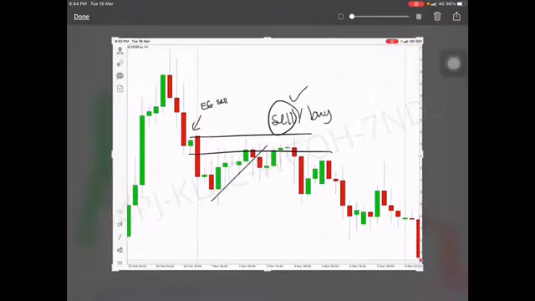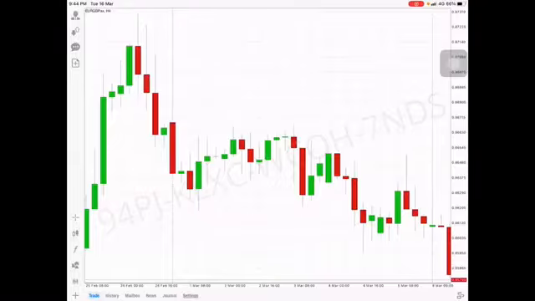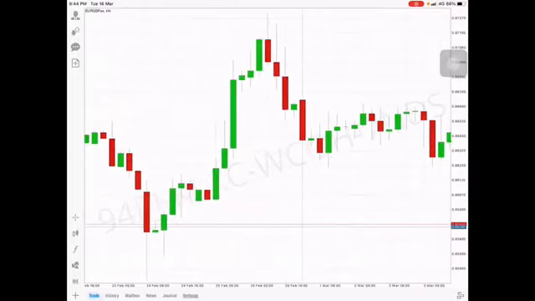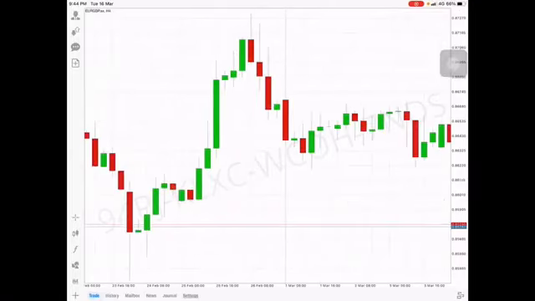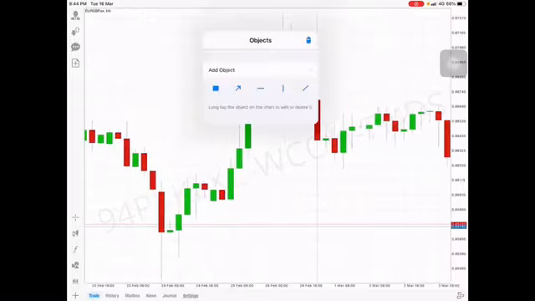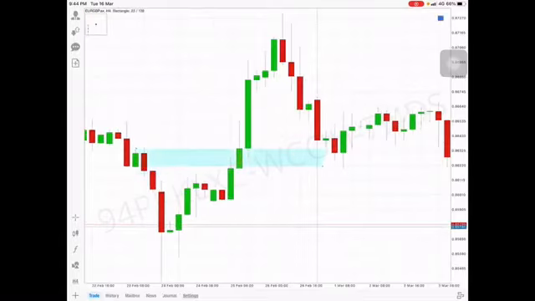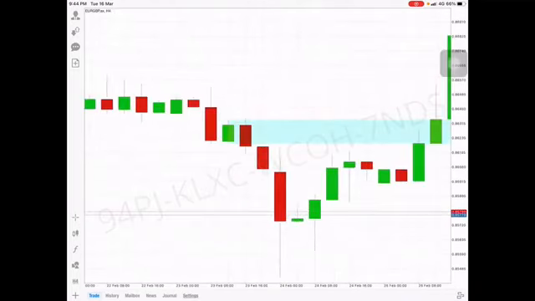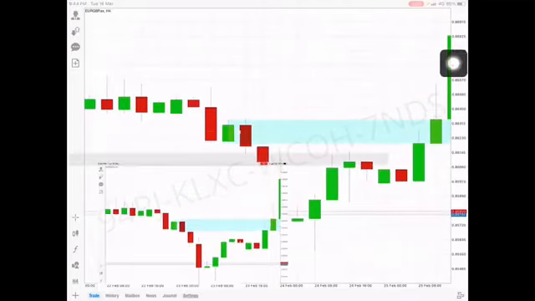Okay. So let me show you some other examples. Let's say if you have this one. Now look at that. What engulfing is that?